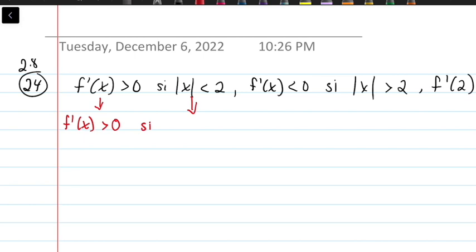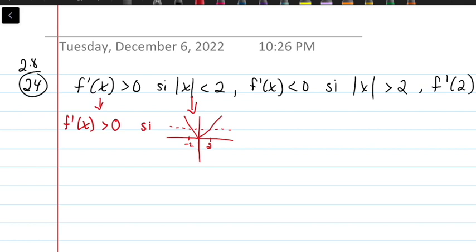If the absolute value is smaller than 2, then, because if you have 2 here and you want the absolute value of x to be smaller than 2, then it's going to have to be between -2 and +2.